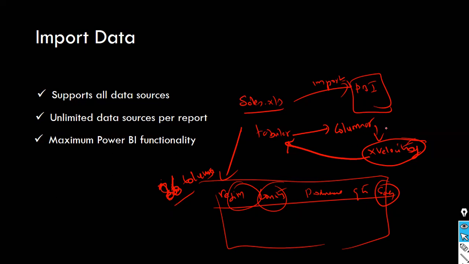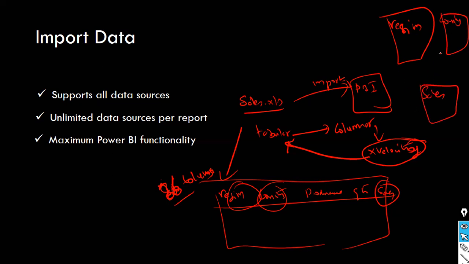And the idea of the X velocity converting tabular to columnar is that in a columnar database, each column is stored separately. Each column value is stored separately. For example, region will be stored separately, and the country is stored separately, and sales is stored separately.